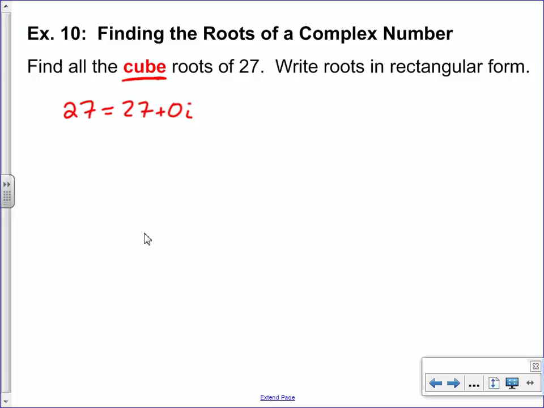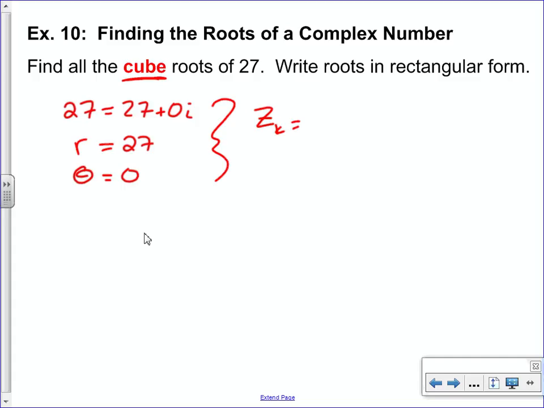Therefore, the modulus is just 27. Theta would have to be 0, because it's just at the, right? Okay. All right.